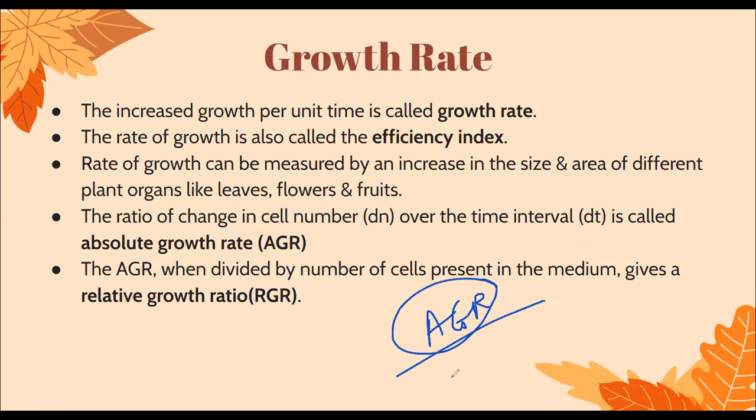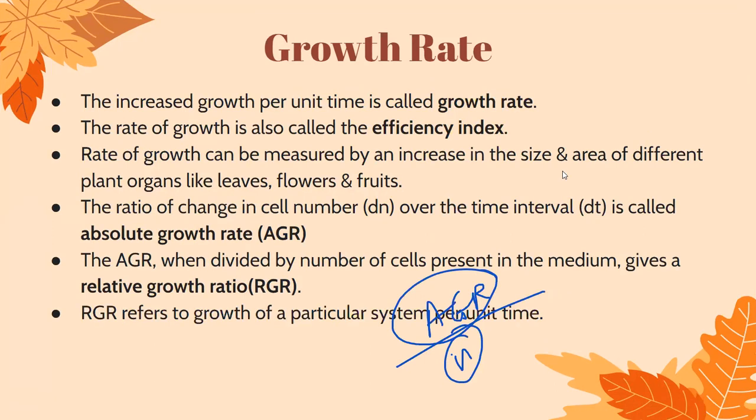You divide this by the number of cells present in the medium at a particular interval of time, and that gives you the relative growth rate ratio. This refers to growth of a particular system per unit time. Okay, we'll take an example so it will become easier for you.